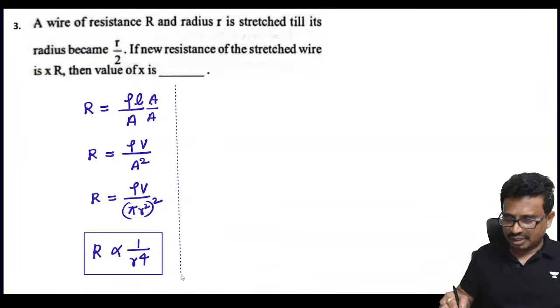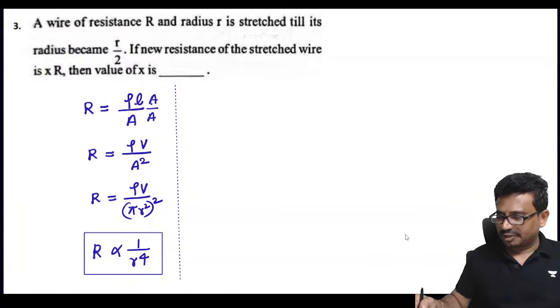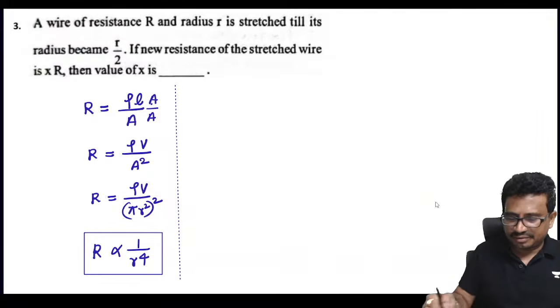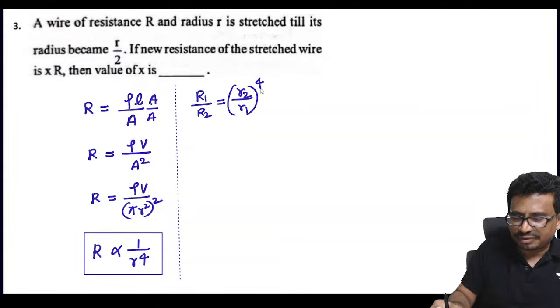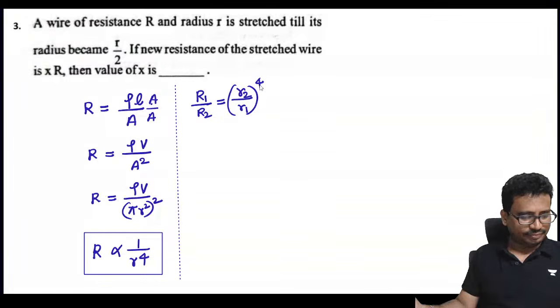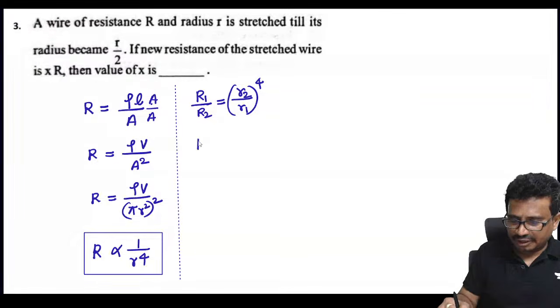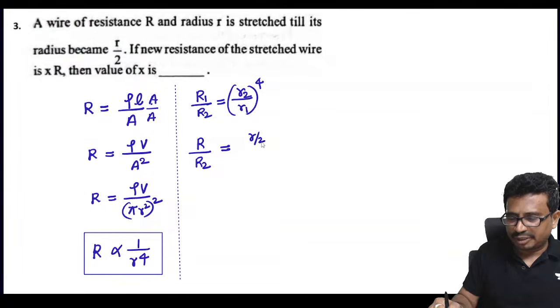From this we can get the relation: R1 by R2 equals r2 by r1, whole power 4. That is R by R2 equals r by 2 by r, power 4.